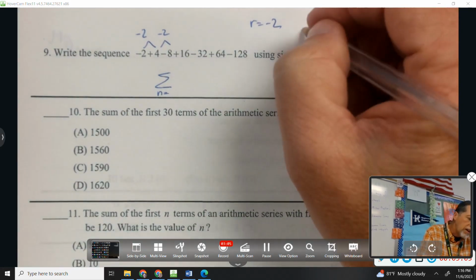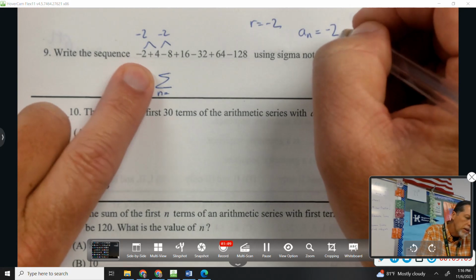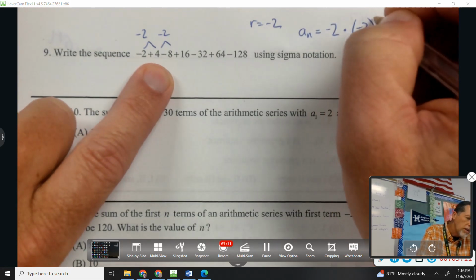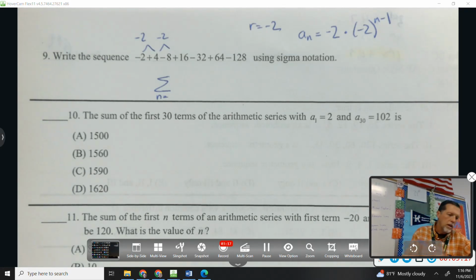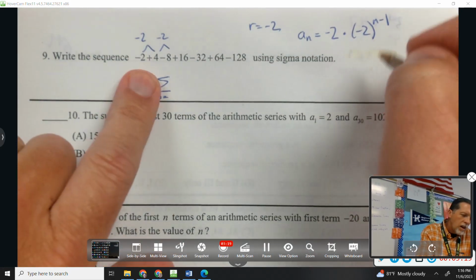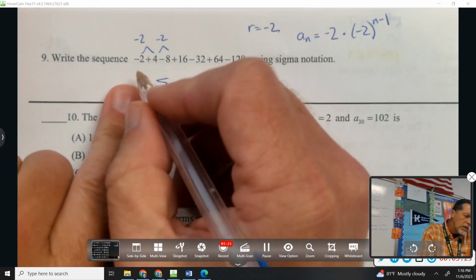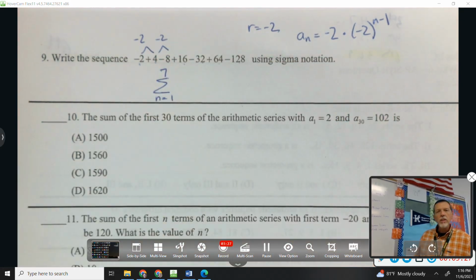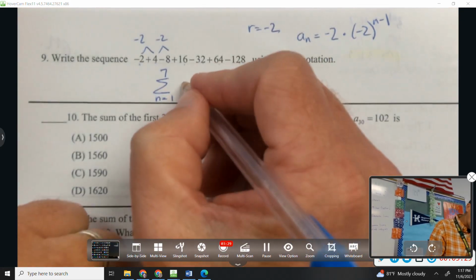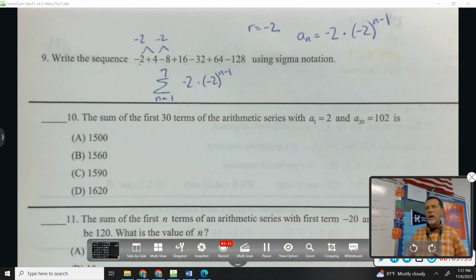So I'm going to say that the nth term is the first term times r to the n minus 1. So you could leave that as your answer. 1, 2, 3, 4, 5, 6, 7. So that would be from 1 to 7 of -2 times -2 to the n minus 1. That would be okay.